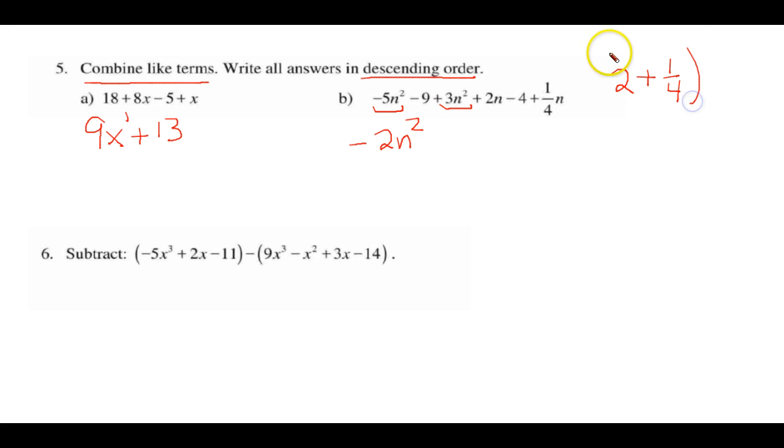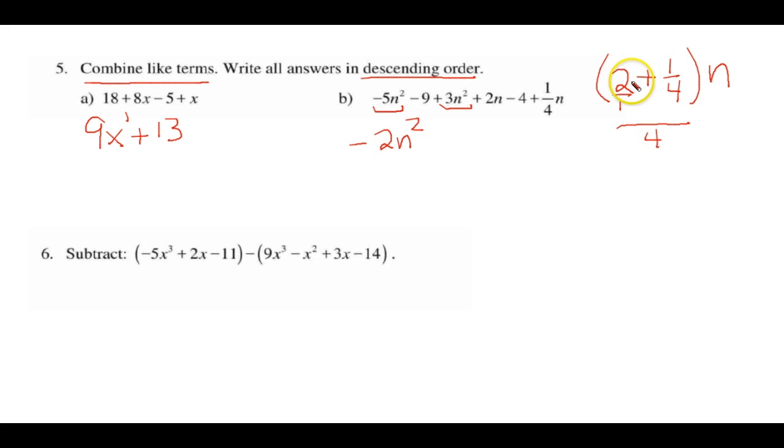And then these, in a sense, would have an n there. But these are the things we actually add. Well, this happens to be 2 over 1. What's my common denominator? Well, my common denominator here is going to be 4.